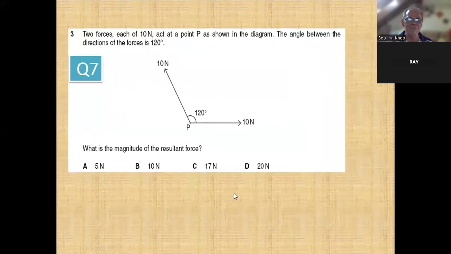Two forces, each of 10 Newton, act at the point P, as shown in the diagram. The angle between the directions of the forces is 120 degrees. What is the magnitude of the resultant force?